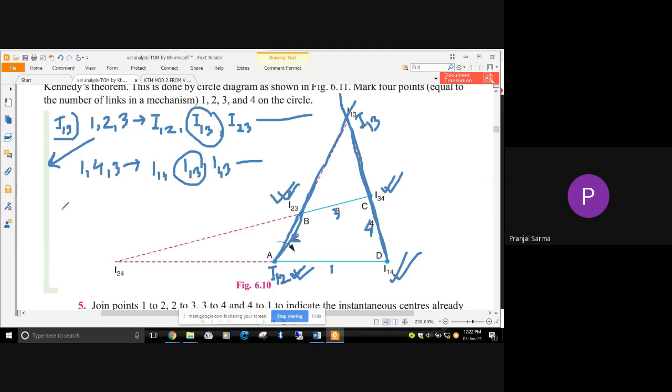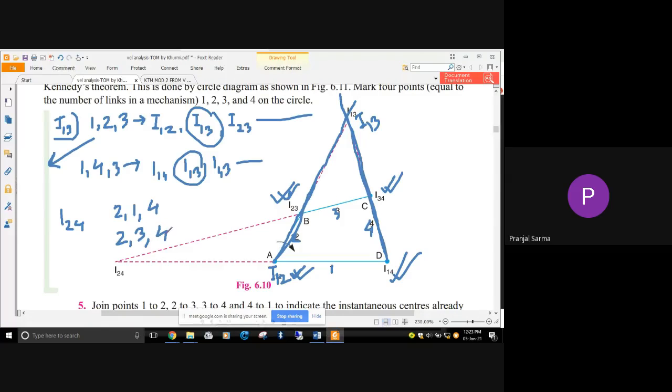Similarly, we can do the same thing for finding out I24. I can consider links 2 and 4, which definitely have to be considered. I can consider 2, 1 and 4, and I can consider 2, 3 and 4.